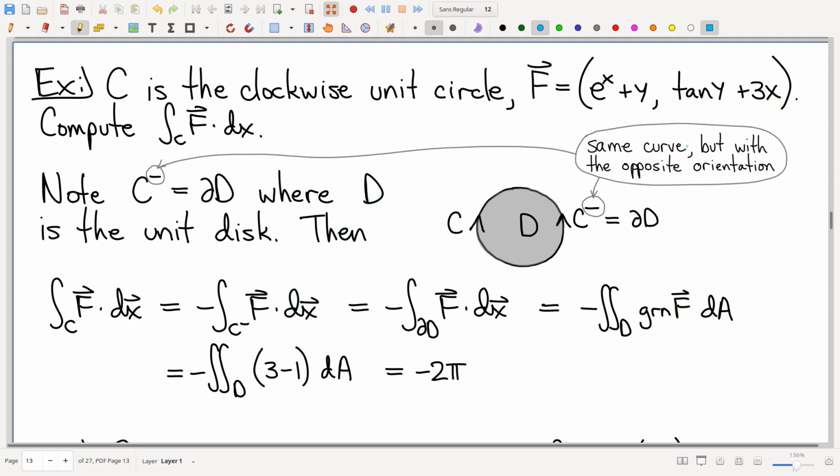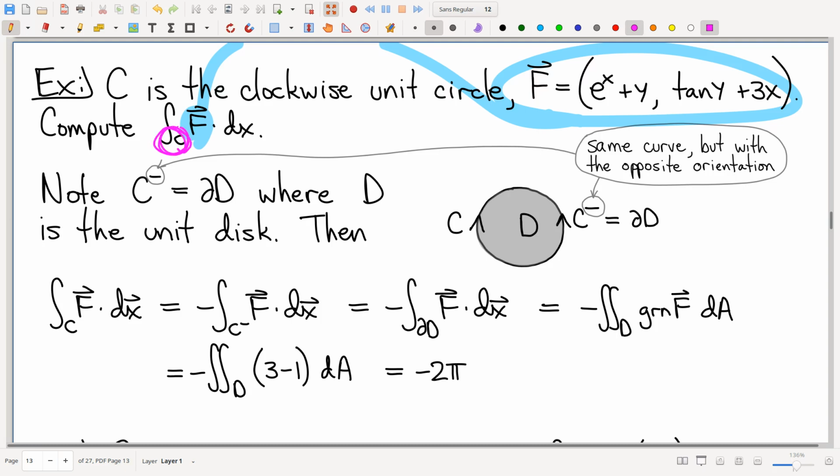Let's think about what the alternative would have been, hypothetically, if we hadn't used Green's theorem here. If we had just brute forced this, and all of this goes in as my vector field, now I've got tangent and exponentials and stuff like that, but it's worse. It's worse because on this curve, keep in mind, what are x and y on that curve? X and y on that curve have a lot of trig in them.